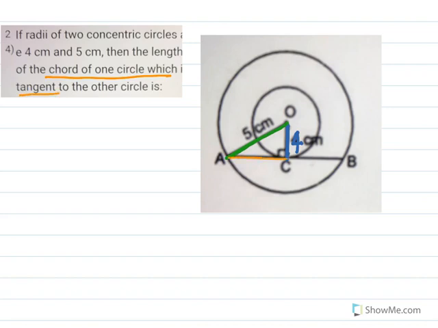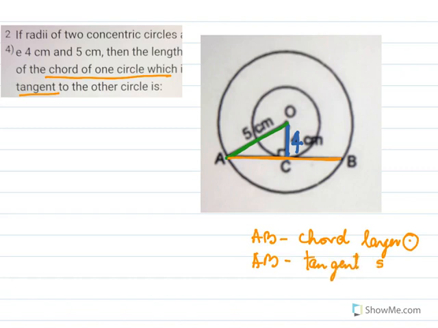So here, this is AB. Look at AB. AB is a chord to the large circle, but AB is also tangent to the small circle. And we need to find this AB.